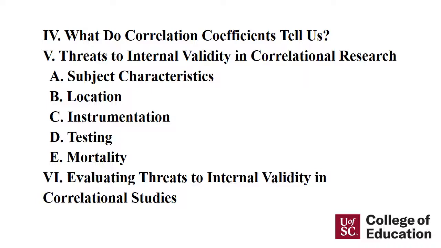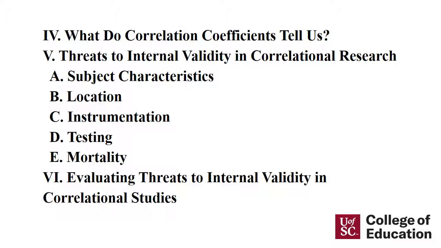6. Evaluating threats to internal validity in correlational studies. Step 1, ask, what are the specific factors that are known to affect or could logically affect one of the variables being correlated? It does not matter which variable is selected.